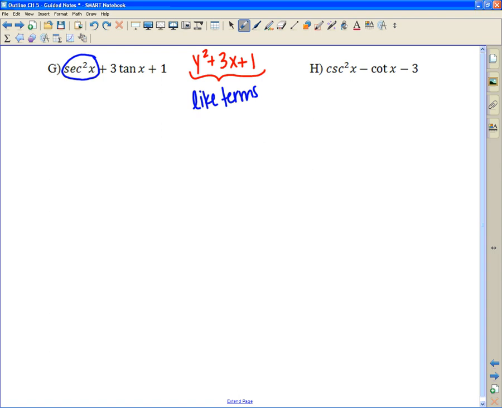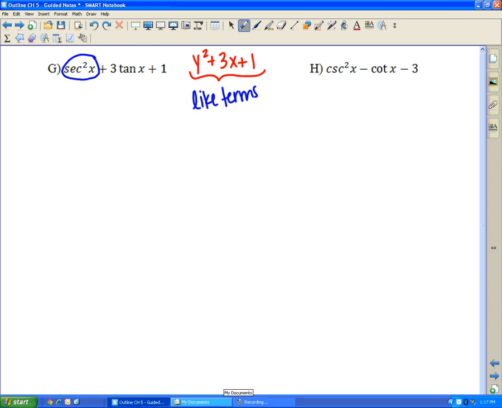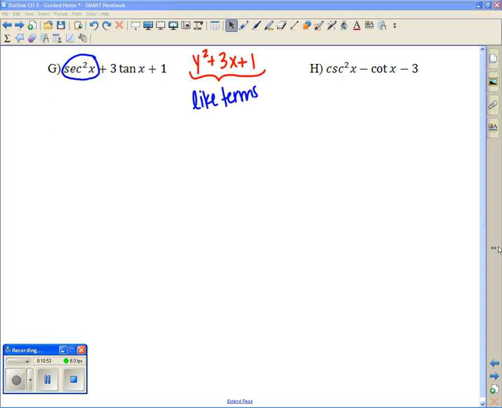Secant squared x is actually equal to tangent squared of x plus 1. So I'm going to replace this with tangent squared x plus 1.